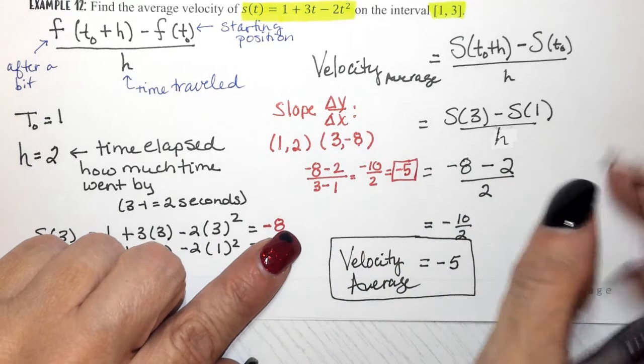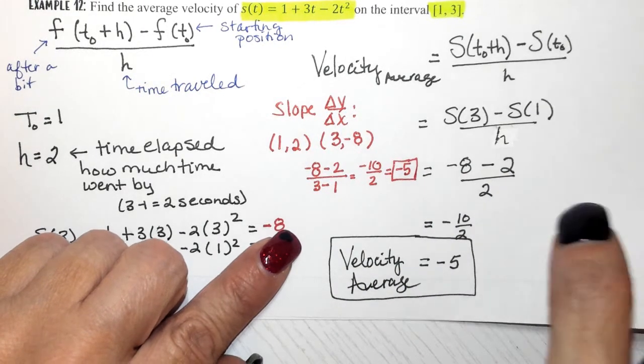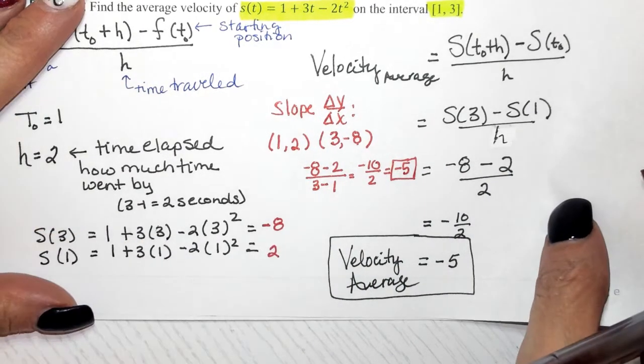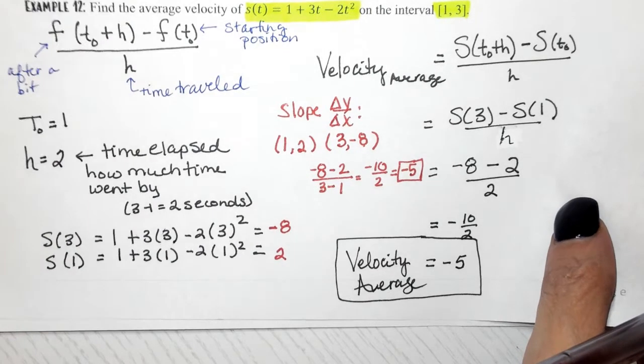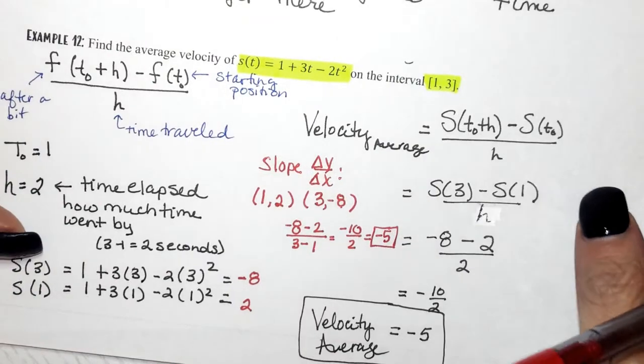So your average velocity is the slope over the interval. I don't remember if that formula is in your chart or not, but anyway, you can look at that.